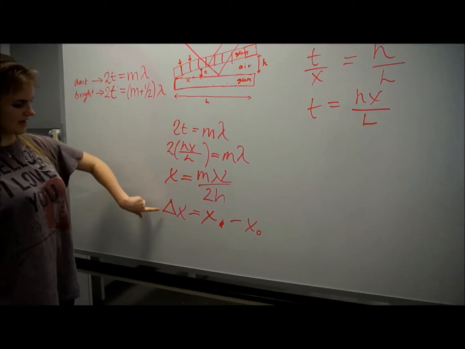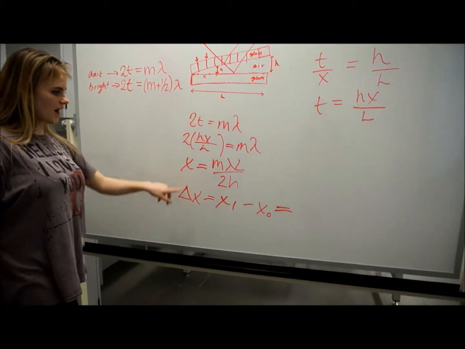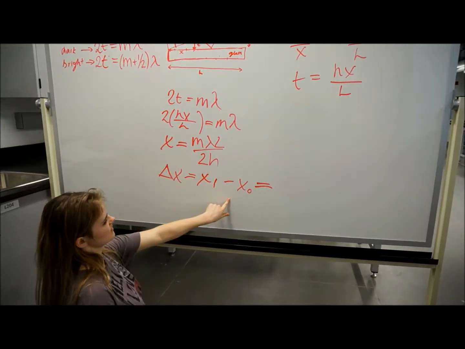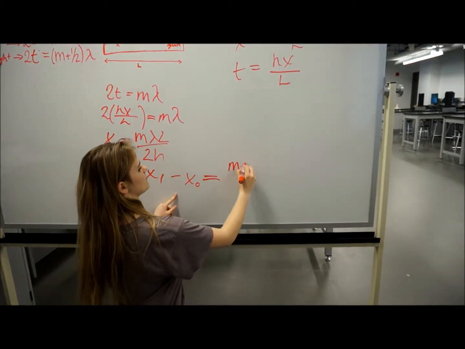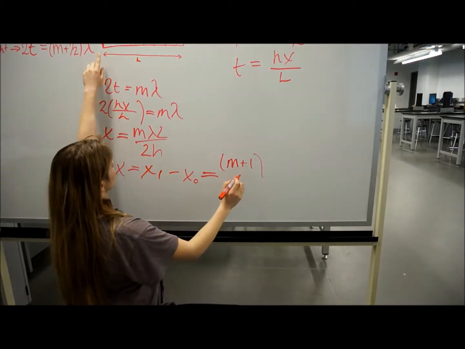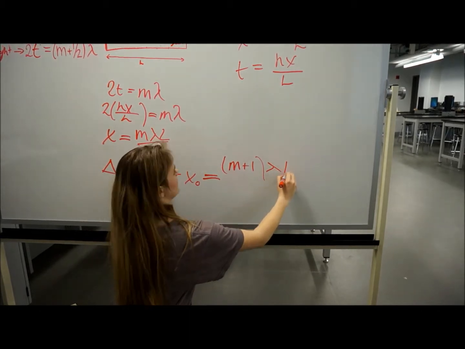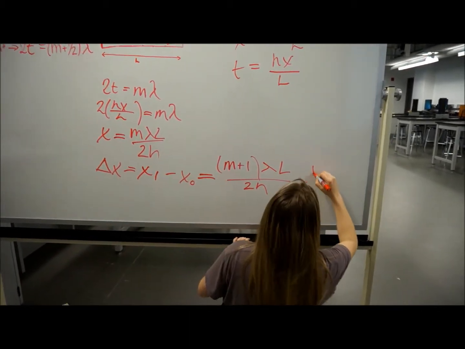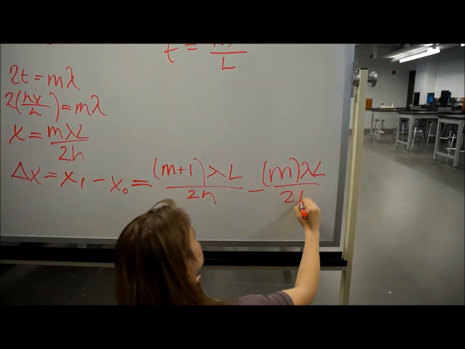To relate these together and get a nice formula for delta x, what we can do is just substitute these in here by doing m plus 1, which is your first fringe, lambda L over 2h minus m lambda L over 2h.